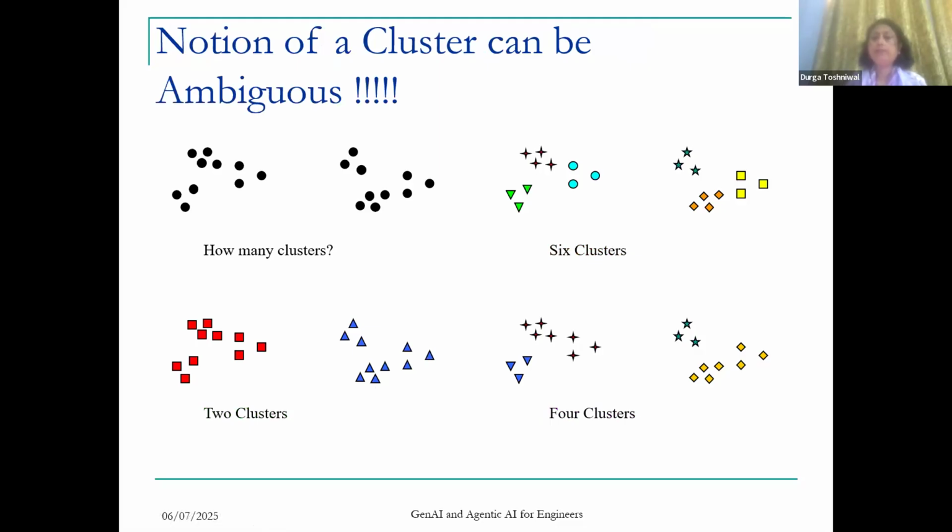It's very ambiguous. We really cannot say whether the data has 2 clusters, or 6 is correct, or 4 is correct, because it purely depends on the data, on how we want to cluster, and so on.